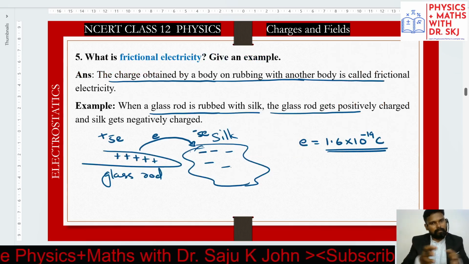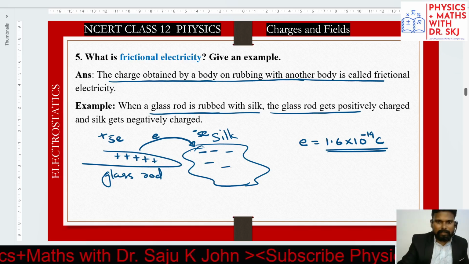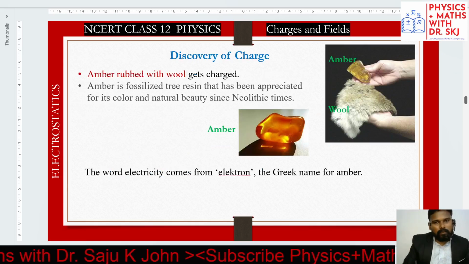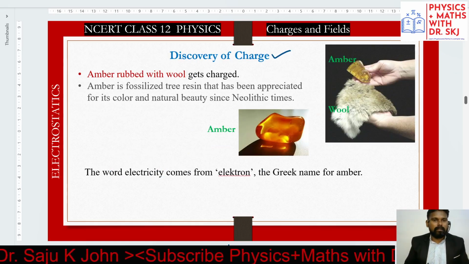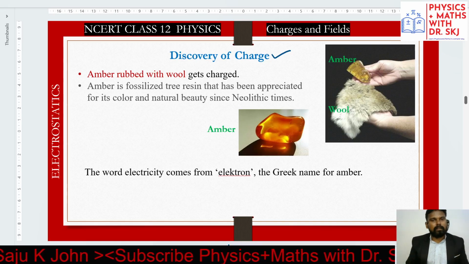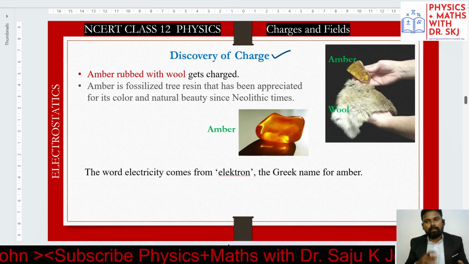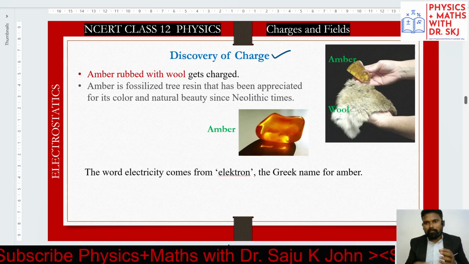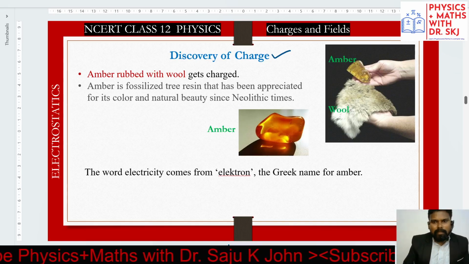Actually, in many other materials also, this frictional electricity, or charging by rubbing, can happen. Actually, charge was discovered by this kind of experiment. People rubbed amber with wool, then amber gets charged as well as wool gets charged. Okay, both amber and wool got charged. That is the amber.